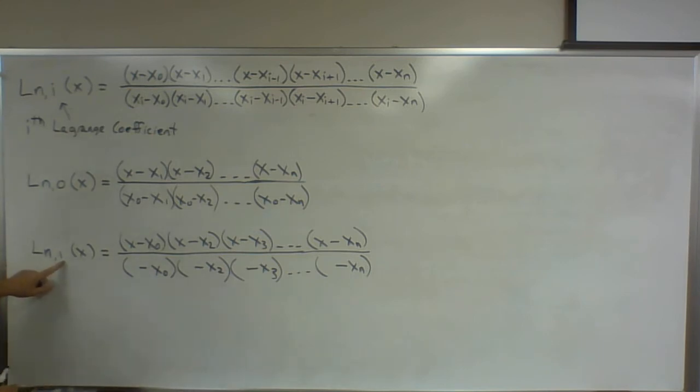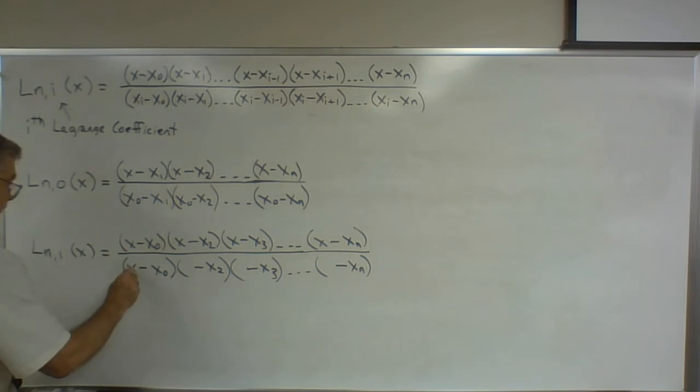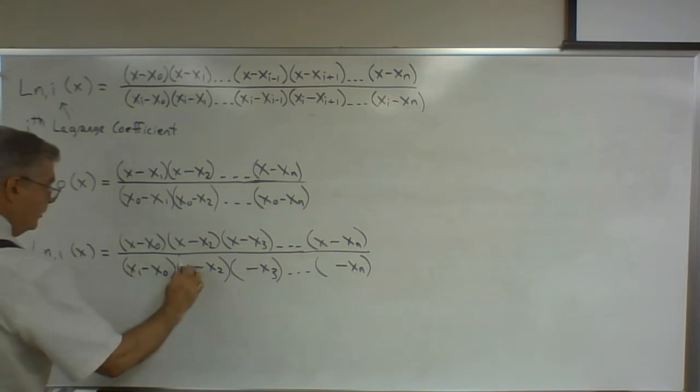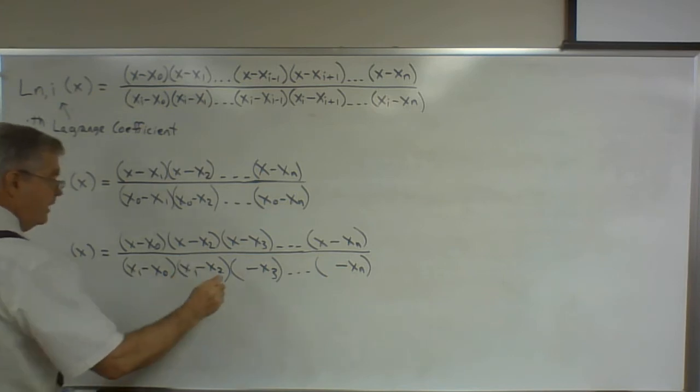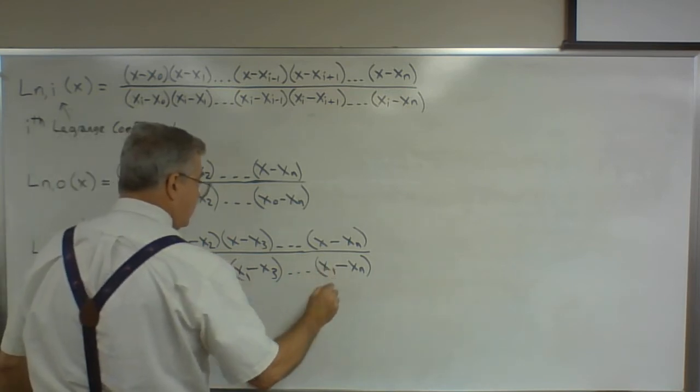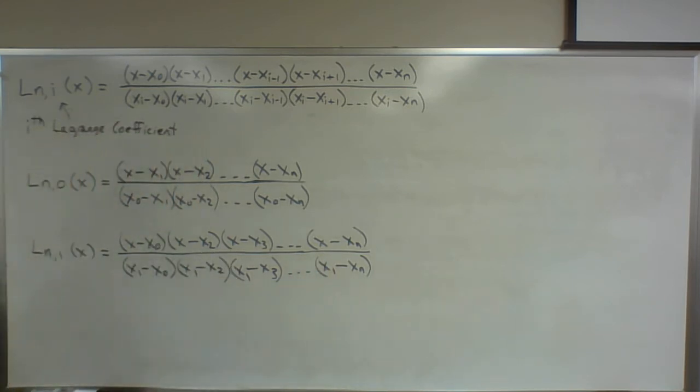This is the first Lagrange coefficient, so x1 is going to go first: x1, x1, x1, x1. So that's the pattern. And let me do one more. We'll do the nth one.